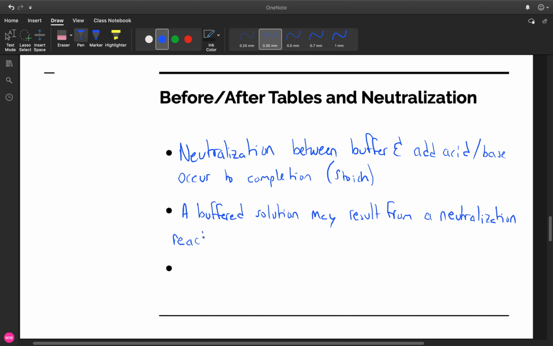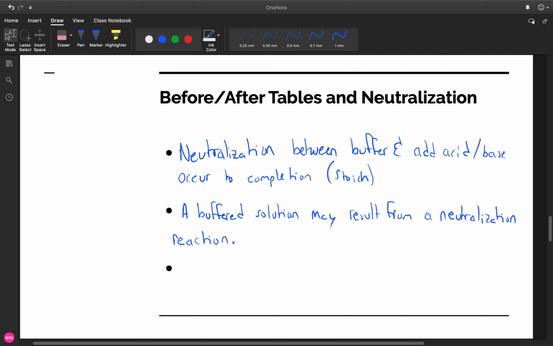What this essentially will look like is when you, let's say, take a weak acid and begin to neutralize it with a strong base, you're creating the conjugate base of the weak acid in solution. And if you have an appreciable amount of the weak acid and its conjugate base, you still have a buffered solution. Last but not least, I'll go show you an example of this before-after table in just a second.